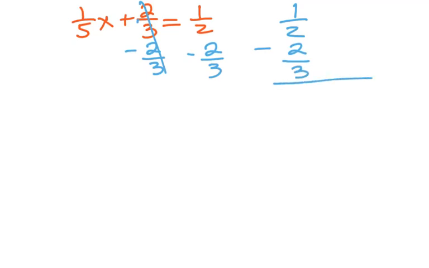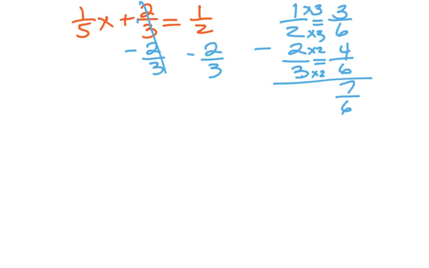My common denominator has to be 6. 2 times 3 is 6, so I have to go 1 times 3. 3 times 2 is 6, so I have to go 2 times 2 is 4. 3 plus 4 is 7 over 6. Again, I'm going to leave that for a minute.